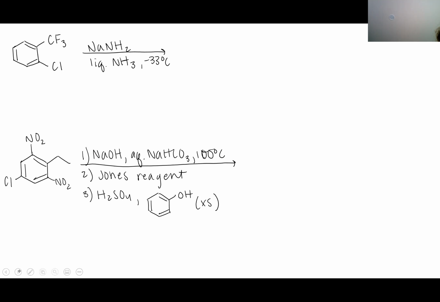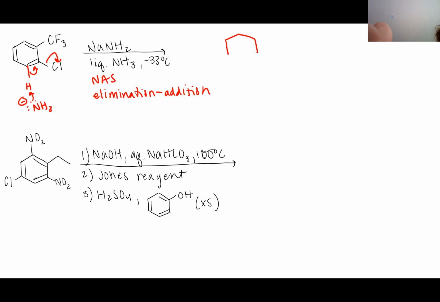Yes, so this is a nucleophilic aromatic substitution, and you're right, it's going to be an elimination addition. So remember, the elimination addition means that we're going to pull off this proton first. And we create benzyne. And then the amine adds, or the ammonia adds.